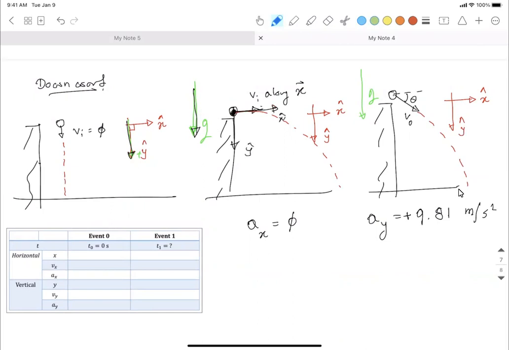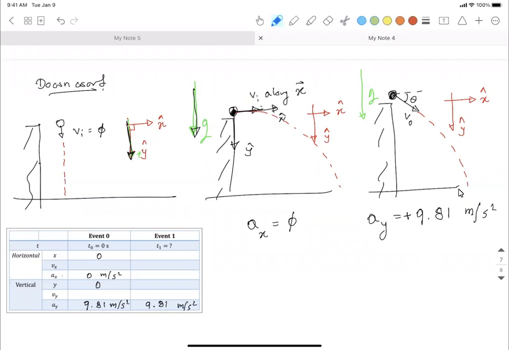Starting from the origin, you could say 0 initial position, 0 initial position, but acceleration along x is 0 meters per square second. Now for this downward y positive direction matching the gravitational acceleration, you have 9.81 meters per square second. The acceleration is constant. It will stay the same number, meters per square second.